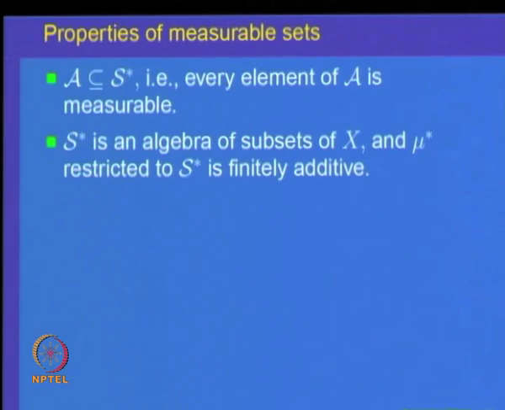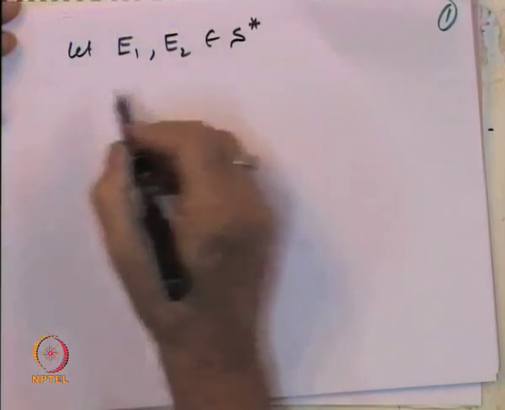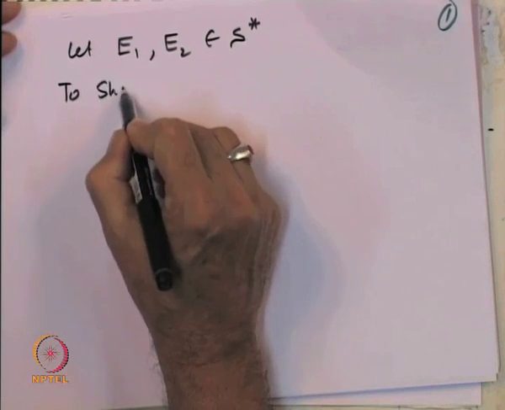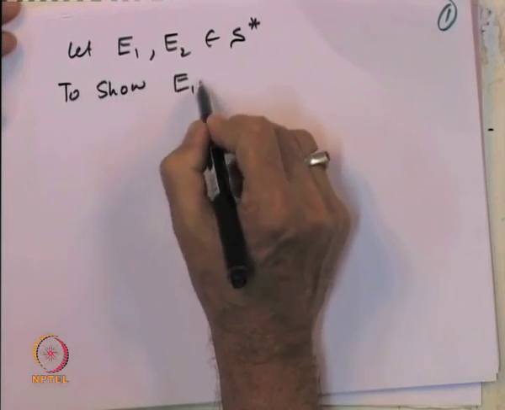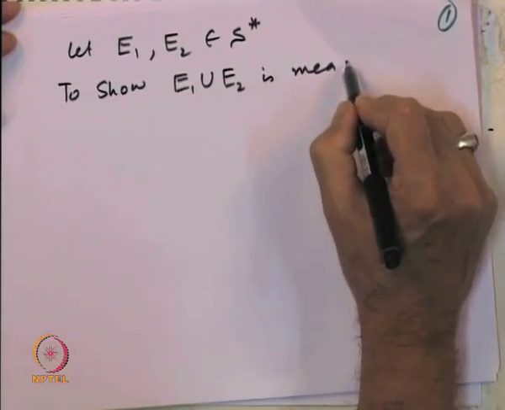So, let E 1 and E 2 be measurable sets. To show that E 1 union E 2 is measurable.